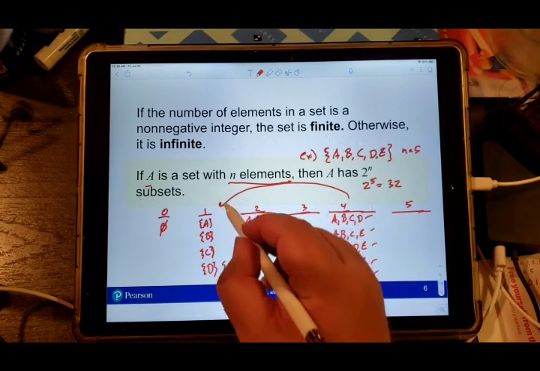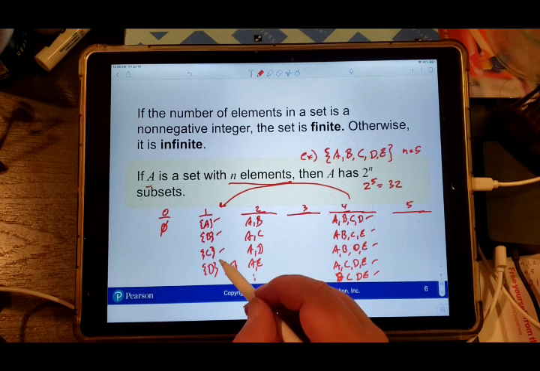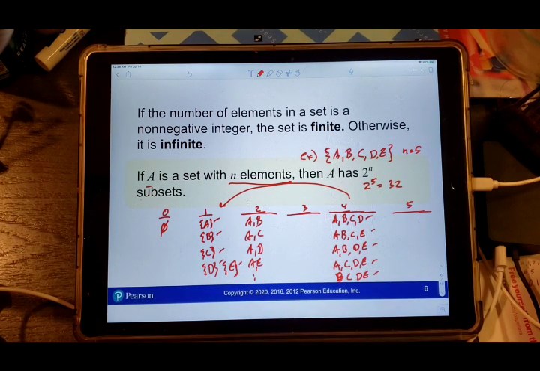Same as 1, 2, 3, 4, 5 for the number of subsets of size 1.